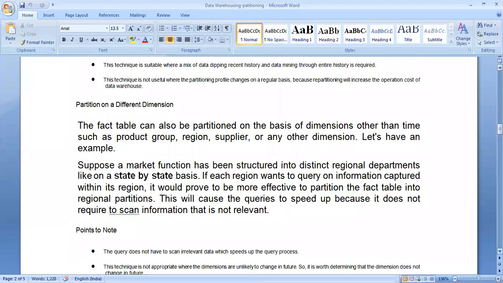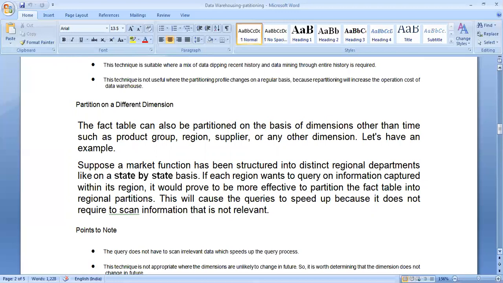Next comes the partitioning on a different dimension. This can be easily explained with the help of a diagram. Suppose the same diagram that I talked about, the states are marked along the x-axis and their population is marked along the y-axis. Suppose we are interested in the population of the northeast states, then we can group together the 7 states, Assam, Manipur, Mizoram, Arunachal and so on, as one block under the label of the northeast region of India.